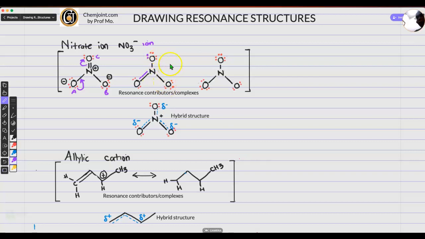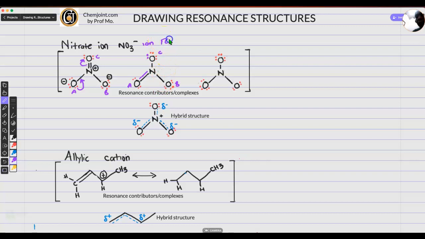Again, you don't stop there. You want to do the formal charges. Again, for purposes of explanation, let's label those A, B, C. So I will find the formal charge of A and C, because those are the ones that did the resonance.